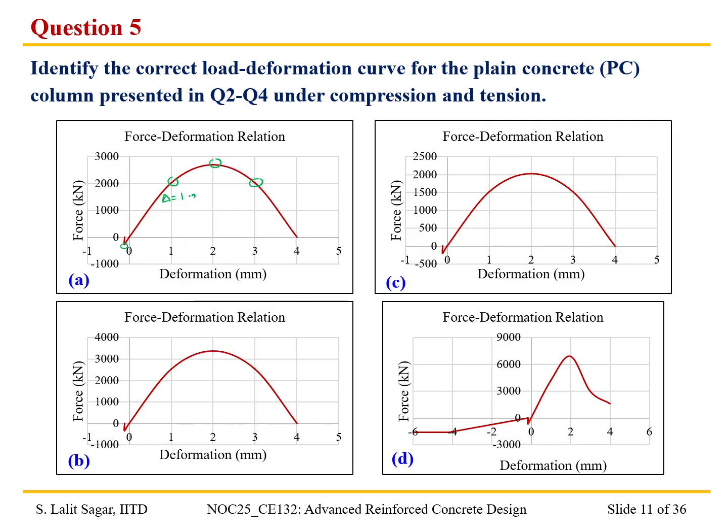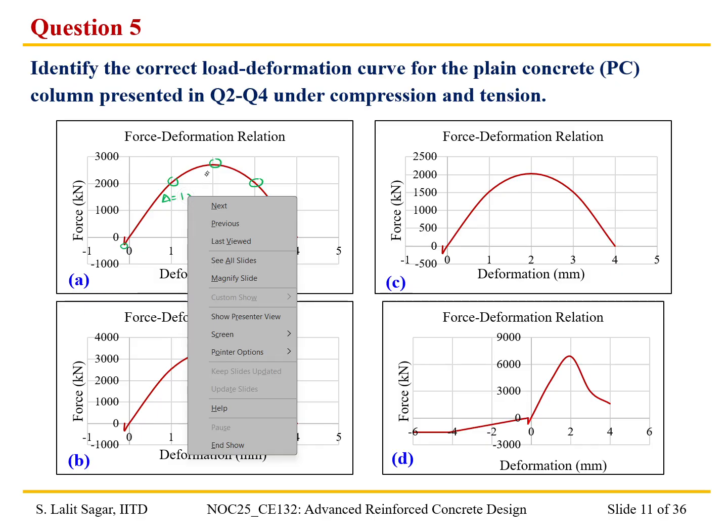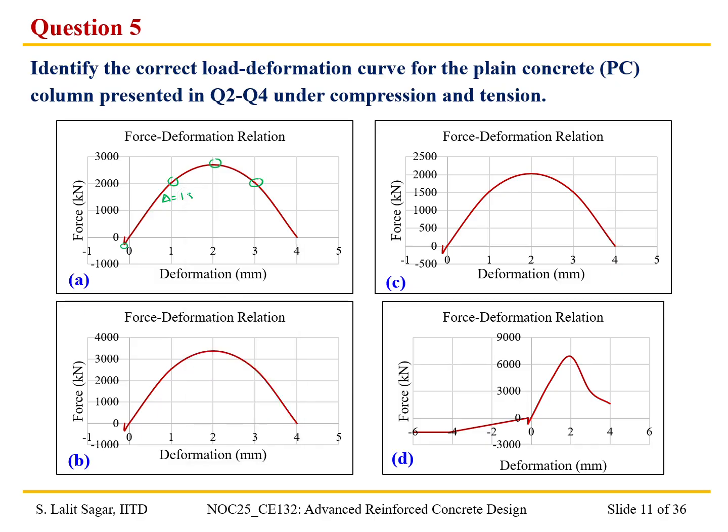Sorry about that. Delta is 1 millimeter, or epsilon C is 0.001, right? Corresponding to epsilon C equal to 0.001, we got a force of 2025 kilonewton and the deformation was 1 millimeter.